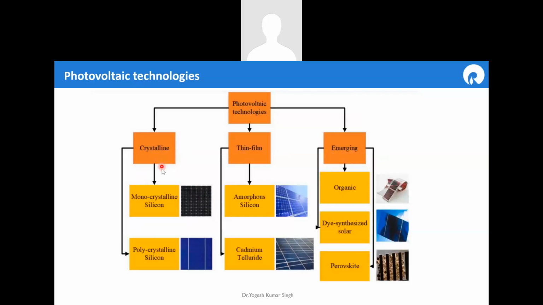When we're talking about the crystalline technology, we have two types. One is the monocrystalline solar module, and another is the polycrystalline solar module. You can also see the difference. If you see the monocrystalline module, there is some gap on the module. But if you see the polycrystalline module, it is all in brick form. There is no cutting edge. There is no edge cutting in the polycrystalline module.